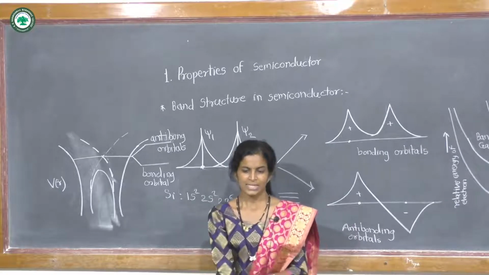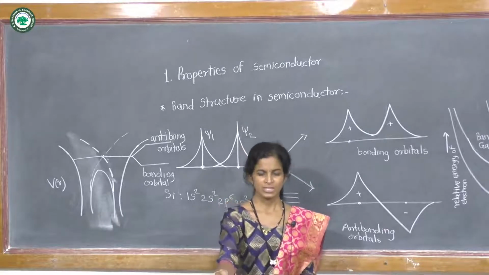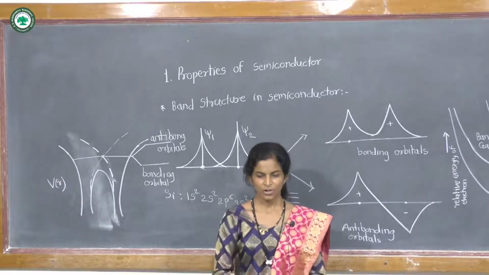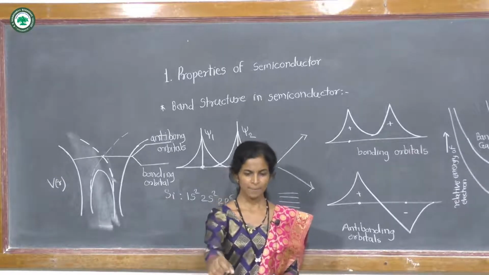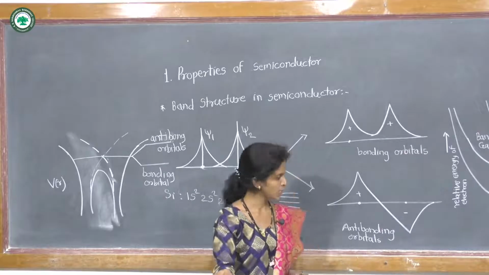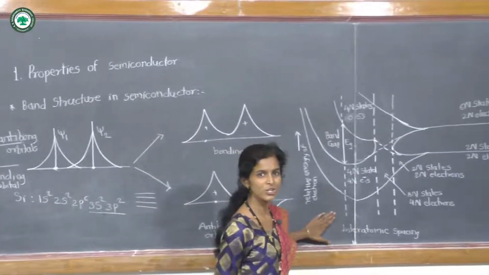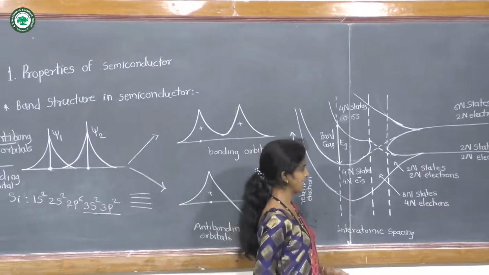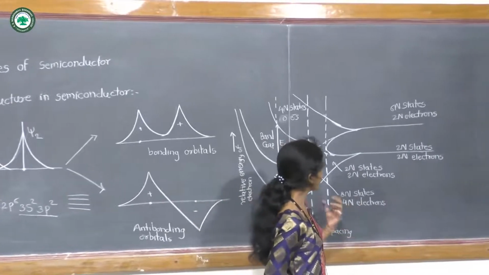So in a solid, when many atoms are brought together, there is splitting of energy levels which forms continuous bands of energy. This figure shows the formation of band structure when two silicon atoms are apart from each other.